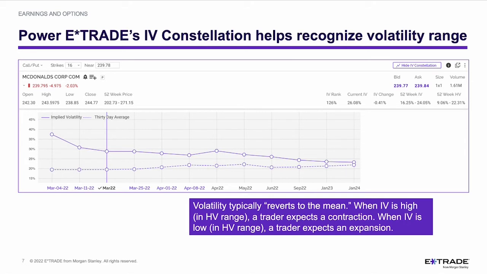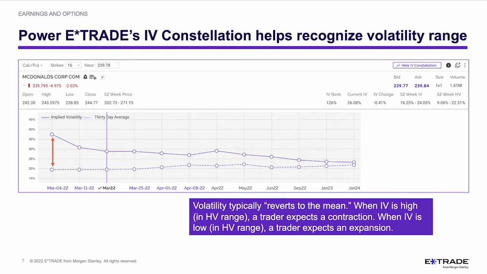So volatility typically reverts to the mean, as I mentioned. When implied volatility is high in the historical volatility range, a trader is expecting that volatility will contract in time. When implied volatility is low in the historical volatility range, the trader expects an expansion. So what is that range and where do I find it? Well, right there you can see where the current implied volatility is for McDonald's relative to the 30-day average.